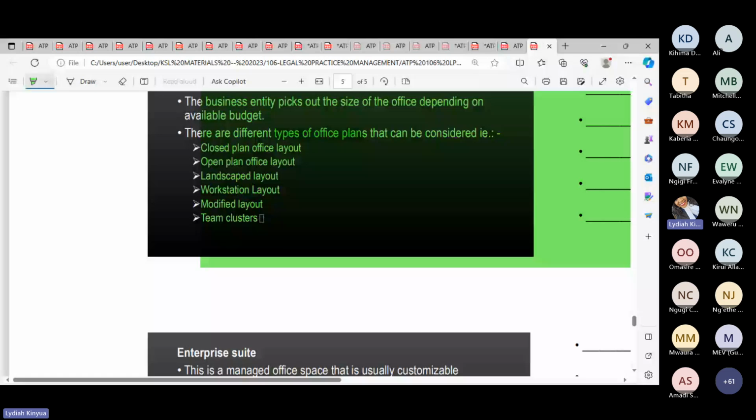An open plan office layout is where all of you work in one room, one open room. We don't have any subdivisions. Everybody can see everybody. We are working from one central place. And then it could be a landscaped layout. A landscape layout, also called panoramic, is where you partition the office using green plants or flowers.